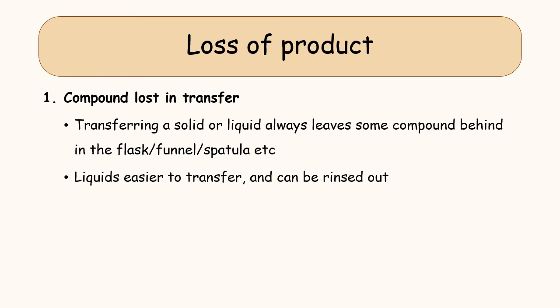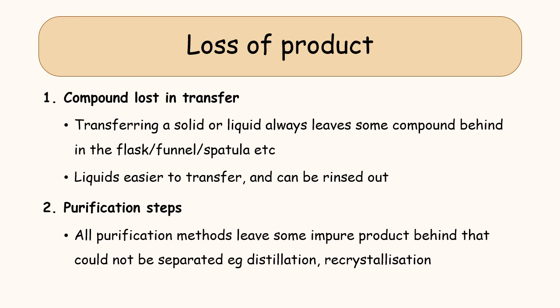But transfer is the biggest loss of product, and it's natural. It's impossible to get 100% of material transferred from one source to another. You'll always lose micrograms or milligrams, which will make a difference.